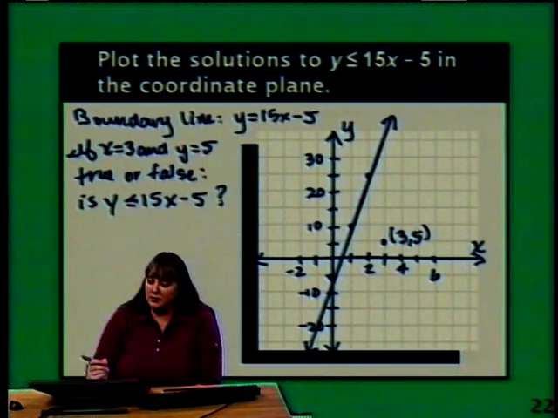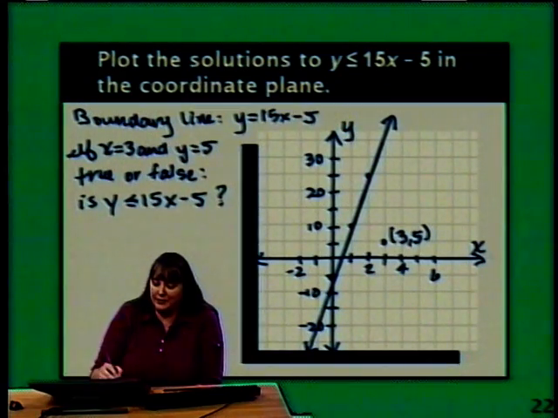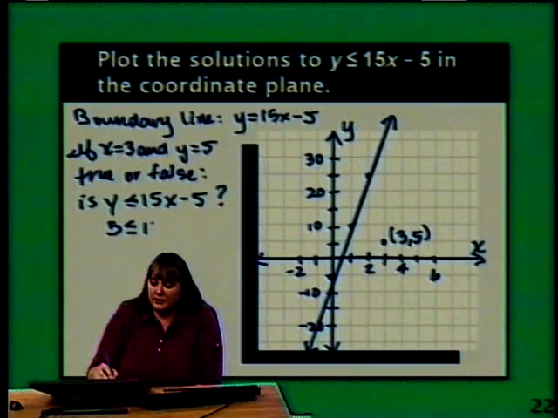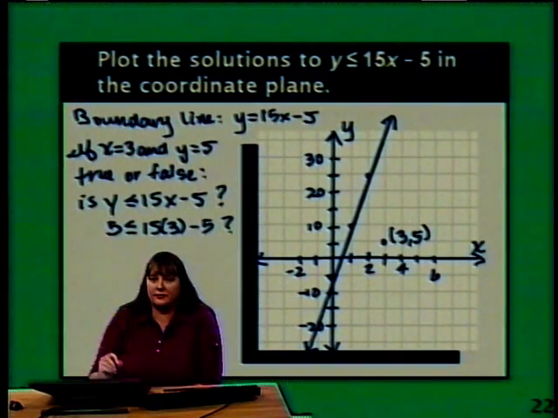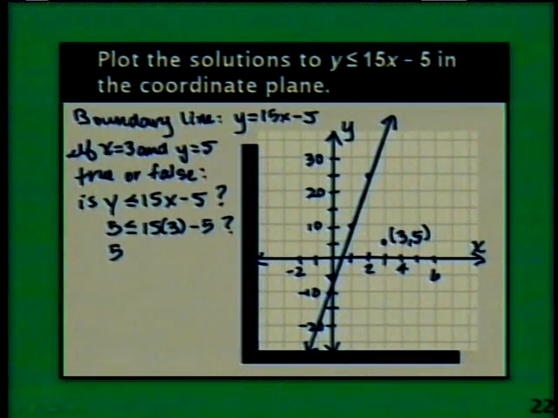Well, let's substitute 5 for y and 3 for x. So is 5 less than or equal to 15 times 3 minus 5? 15 times 3 is 45. 45 minus 5 is 40. 5 is definitely less than 40, so this is true.